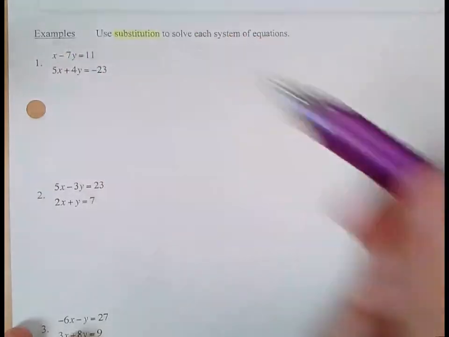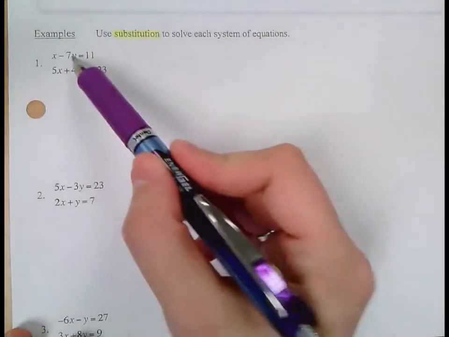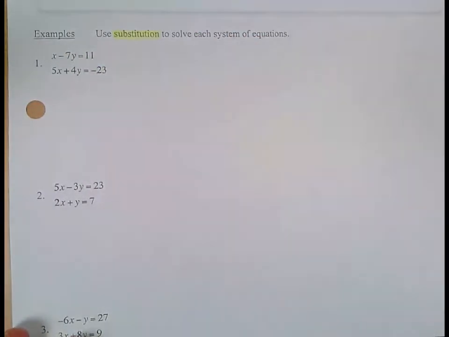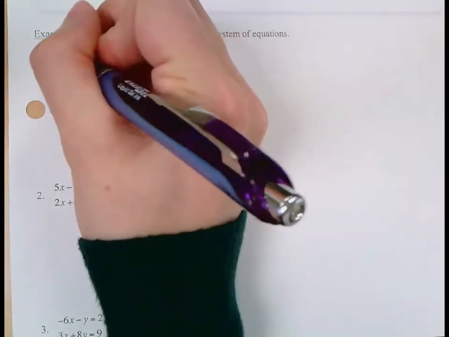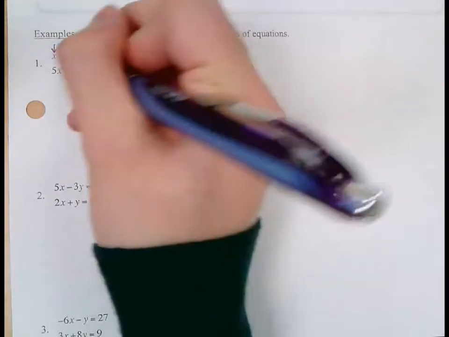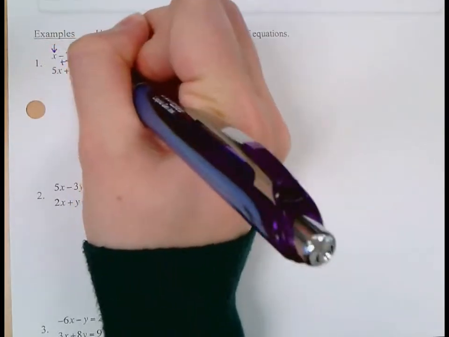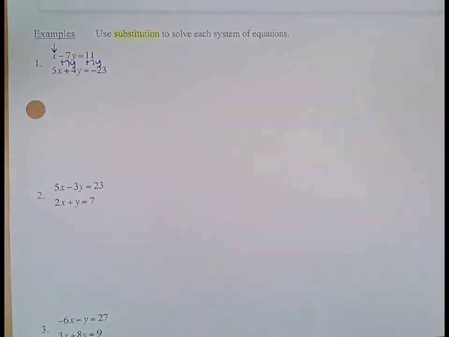So look for whichever one is easiest. Certainly I could solve for any of these, and as long as all of my math is correct, I'll be fine. But if you don't have to deal with fractions or decimals, don't. Make it easier on yourself. So if I want to solve this top equation for x, I would have to add 7y to each side.